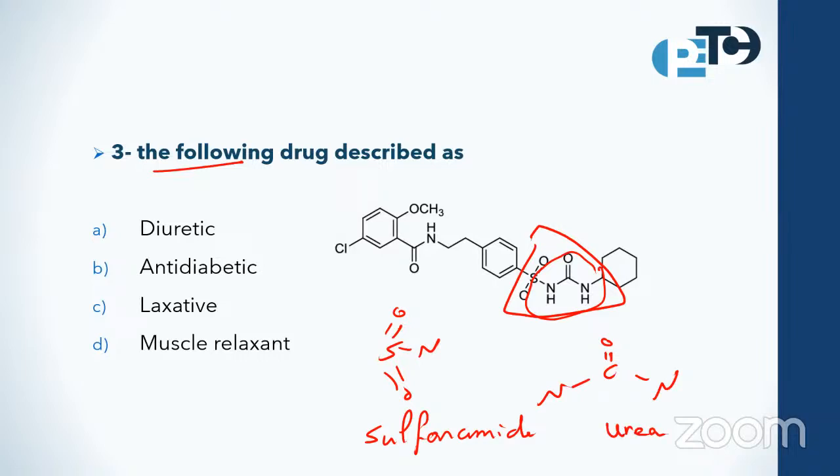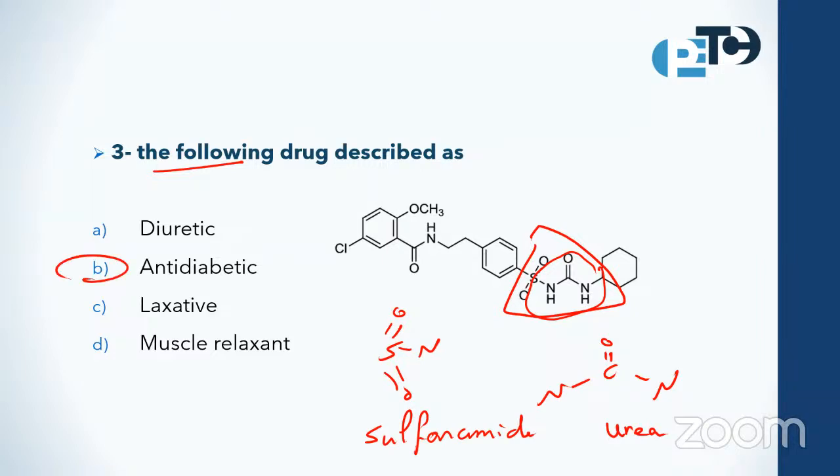So directly, it is sulfonylurea. Sulfonylureas are the anti-diabetic agents or oral hypoglycemic agents. This is the glibenclamide structure. It's not important to know which drug specifically it is, but from the main nucleus of the structure, we understand that this structure is related to sulfonylurea as an anti-diabetic agent.